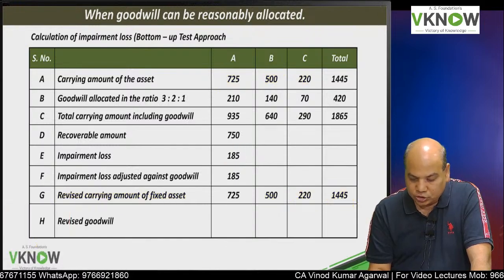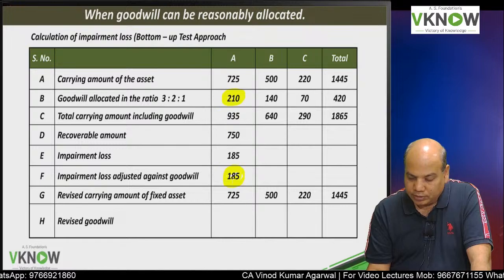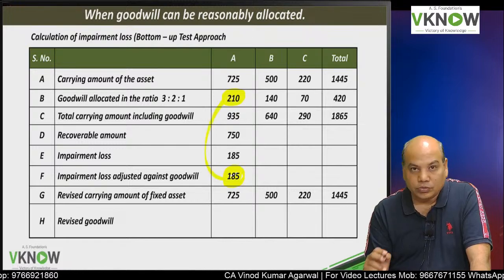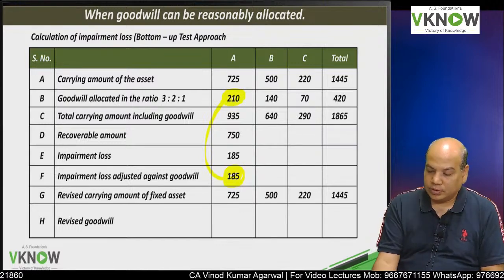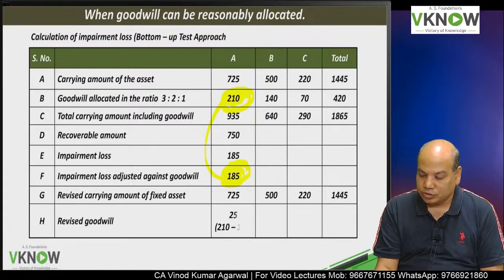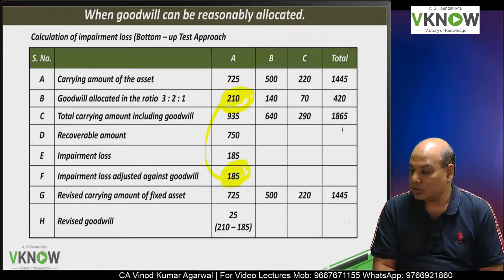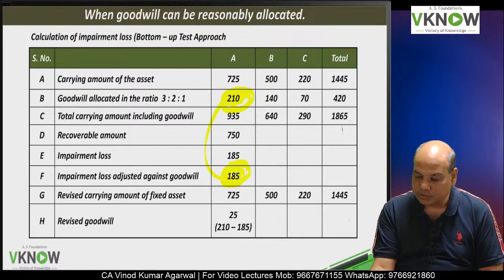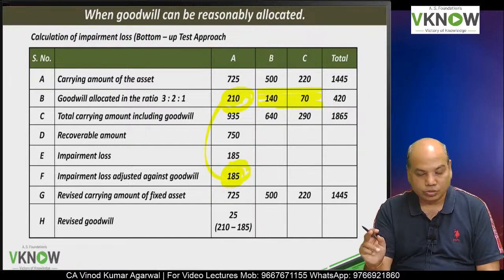But what about the goodwill? Will the goodwill change? It was 210. Goodwill impaired 185. So tell me, what is the revised value of goodwill? 210 minus 185, so the revised value of goodwill will be 25. For B and C, there is no change.